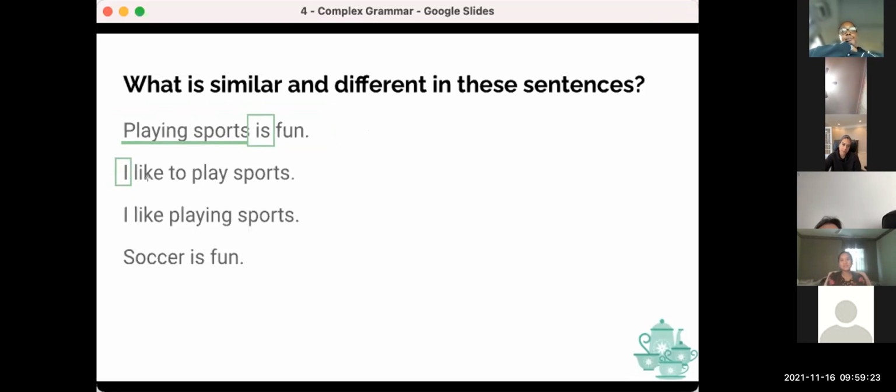All right. How about in the third sentence? What is the subject? I. Okay. The main verb is like. All right. Playing sports is the object of the sentence. Good. And how about the final sentence? What is the subject?